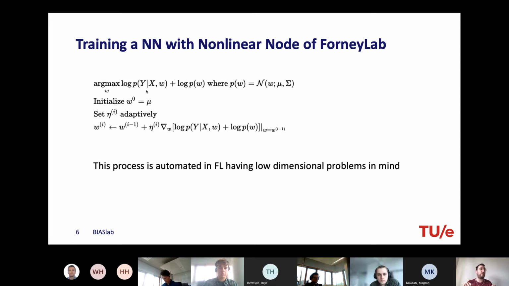We try to approximate the actual posterior with a Gaussian distribution. The multiplication of the messages gives us this objective; the posterior is proportional to the multiplication of the messages. If you find the mode of this objective function, we know that for a Gaussian distribution, the mean coincides with the mode. So finding the mode refers to finding the mean of the approximating Gaussian.